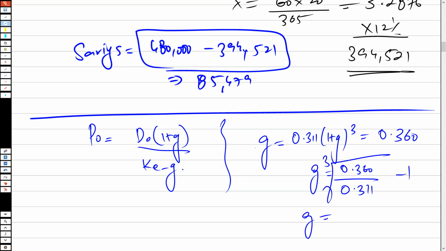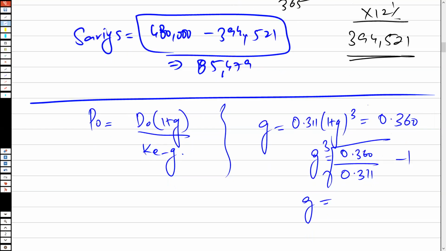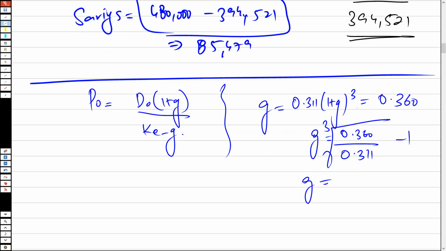So what is g going to be? What is going to be the value of the growth rate? Can anyone please calculate the growth rate?